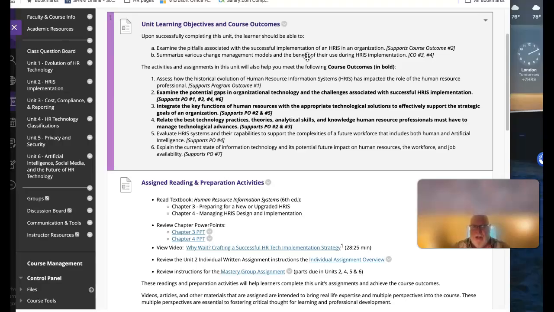There's a whole lot as we particularly look at Unit 4, all the different systems. I talked about this a little bit last week in the welcome video. But as we roll out technology, there are problems that can befall us, and one of our objectives is to look at those pitfalls. If we understand change management, we can help overcome some of that.